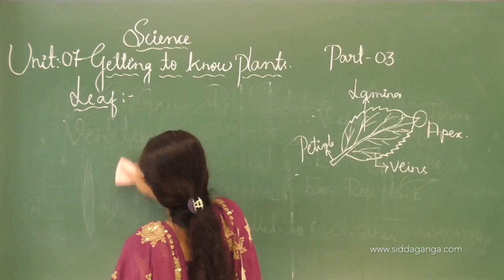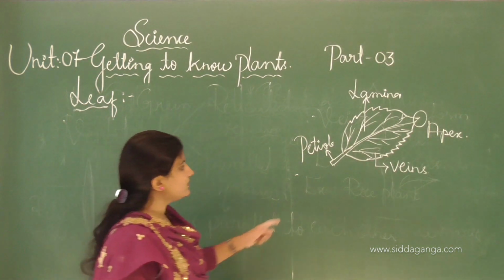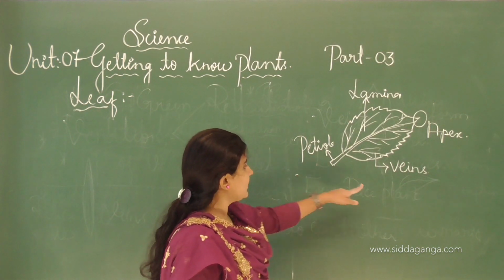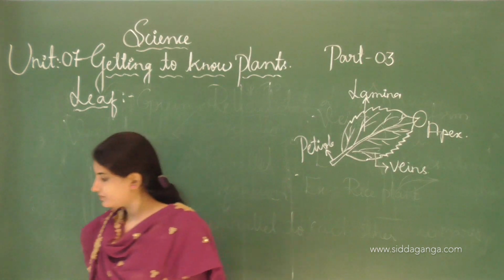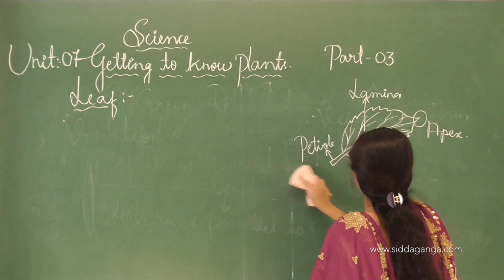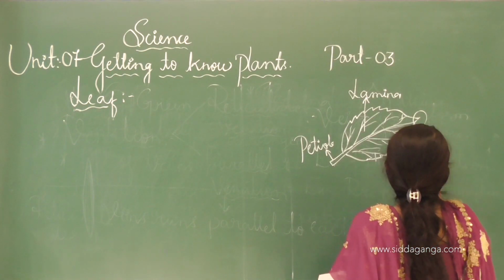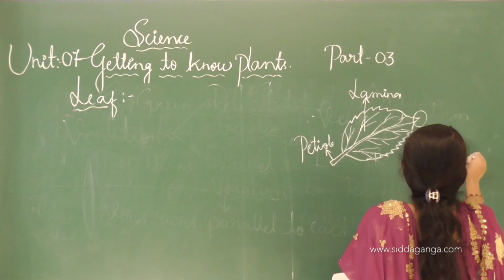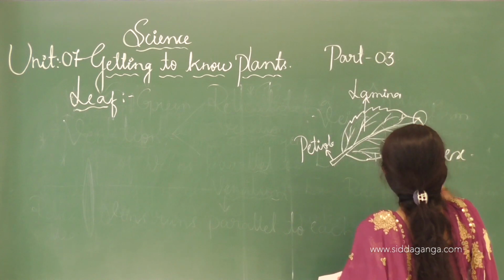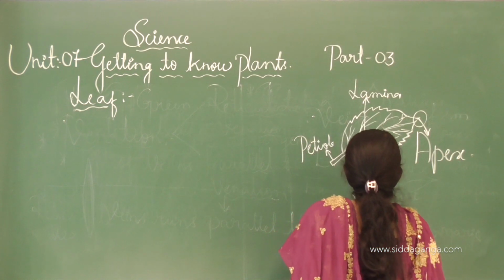As I told you, a leaf is divided into different parts. For example, this is the petiole, and here veins are there. This one is the apex region at the tip portion, and here are the veins.